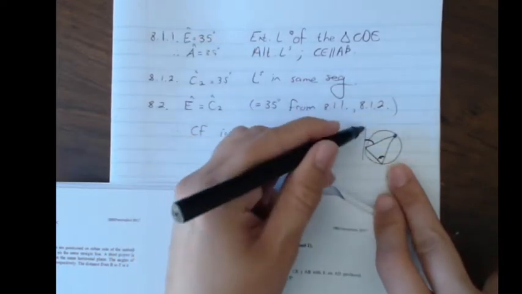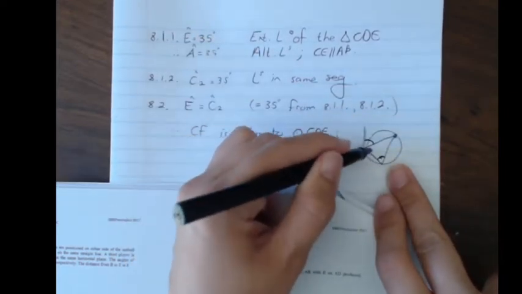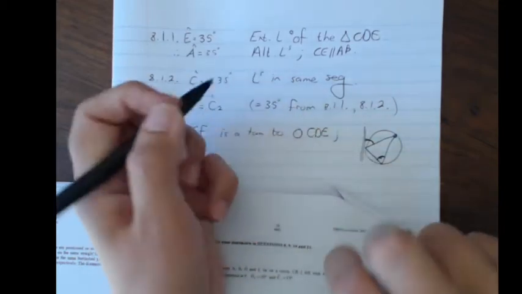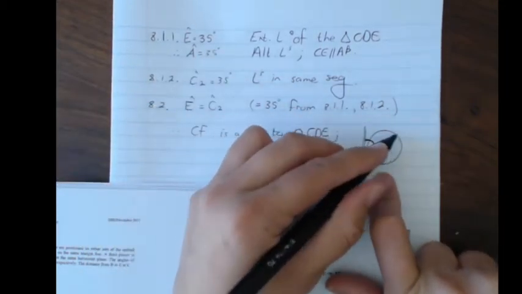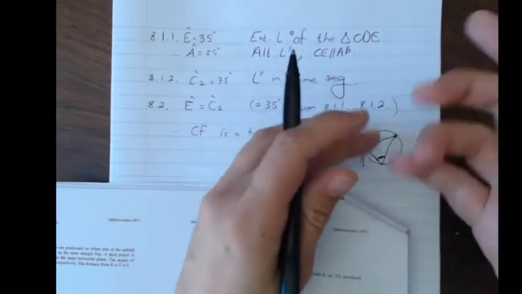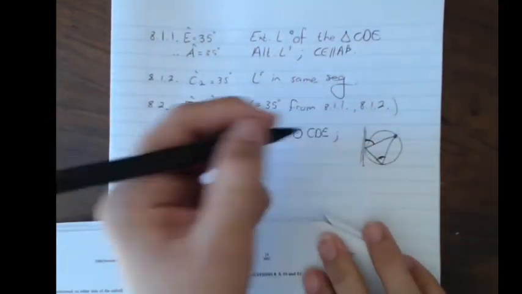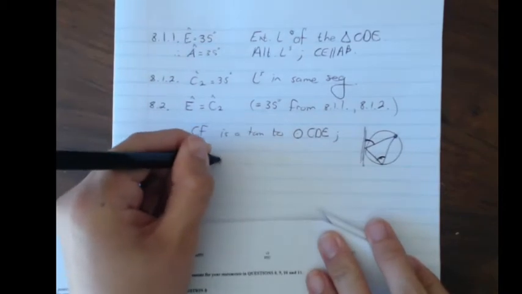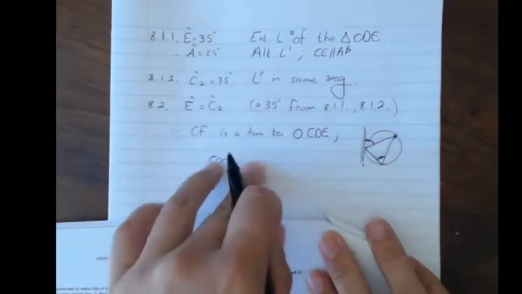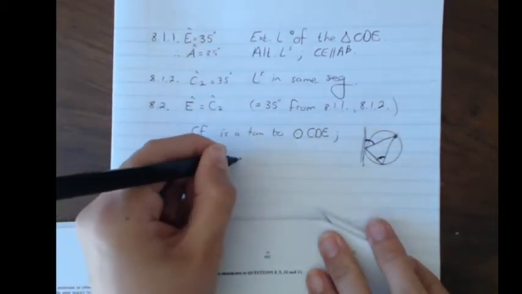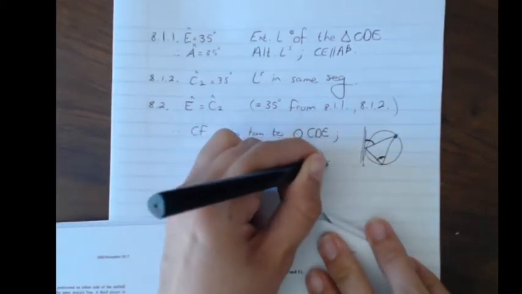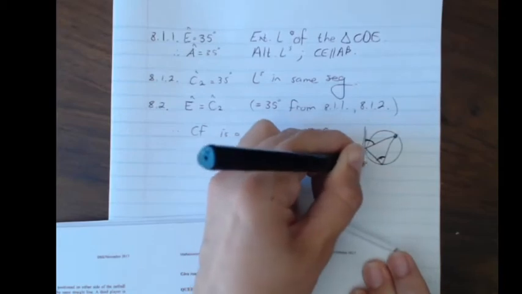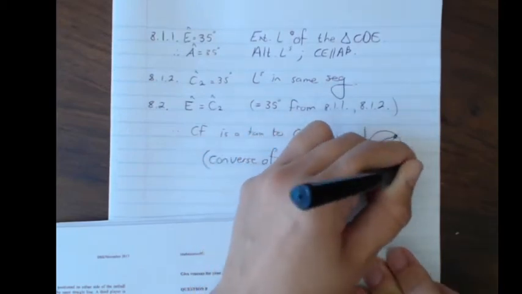So this says if this is a tangent and that is a circle, these two will be equal. So now I said those two are equal, therefore this is a circle with that as a tangent. So I'm using it backwards. That means I'm going to use my reason as, there's no space there, so I'm just going to write it there, converse of tan chord theorem. Right, and that is question 8.